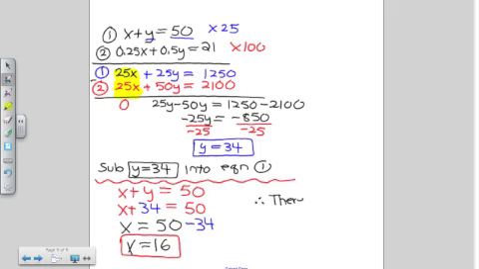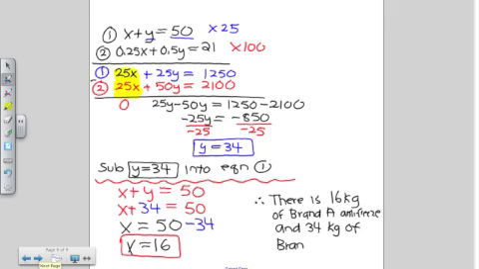There is 16 kilograms of brand A antifreeze and 34 kilograms of brand B. And that's it.